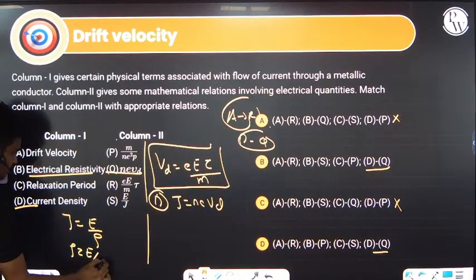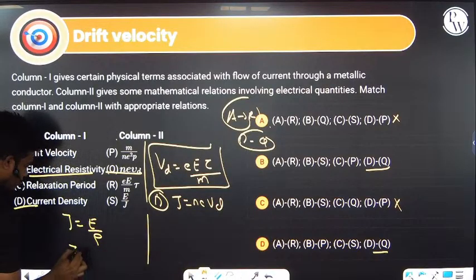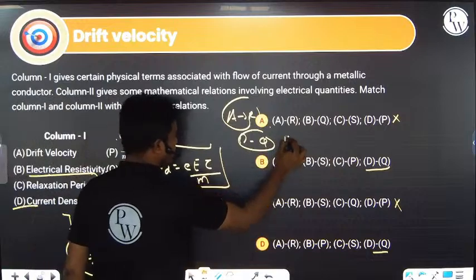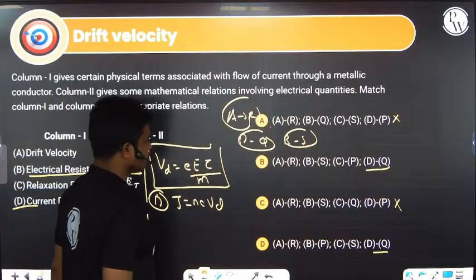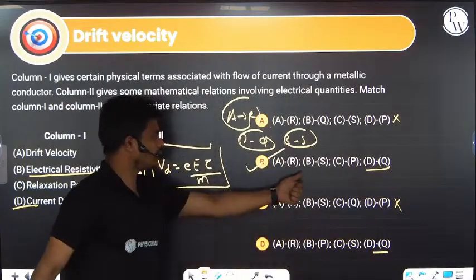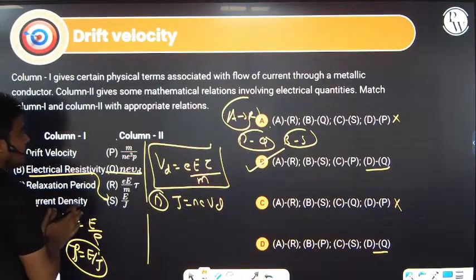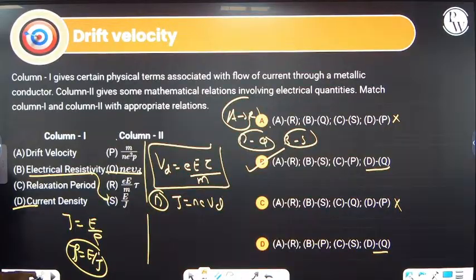E by J. So rho is equal to E by J. So in this particular case, electrical resistivity is B's S. B1 is having S. So which option is there? Option B: A is R, B is S, C is P, D is Q. So this is how we solve this relation between different physical quantities in current electricity.